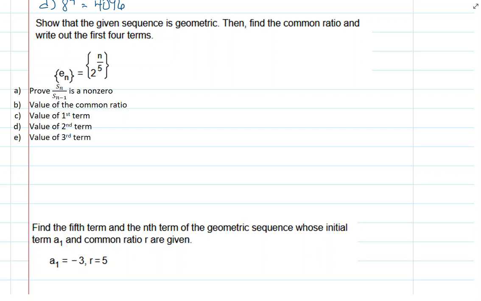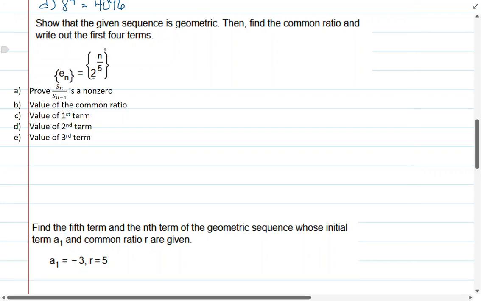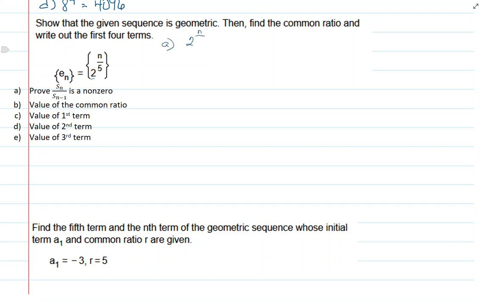All right, here we have a base of 2 to the n over 5, and this is our series, and so we're going to first prove it. So I'm going to have 2 to the n over 5 over 2 to the n minus 1 over 5. So they're like bases, so I'm going to subtract the bottom one from the top one by the rules of dividing like bases.